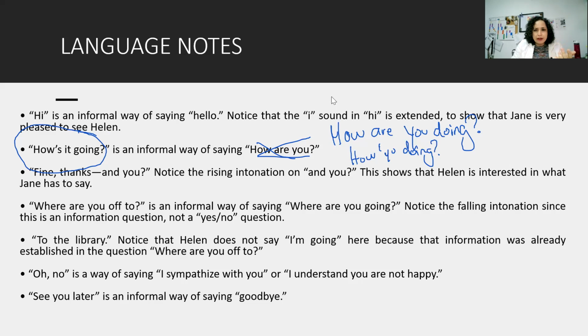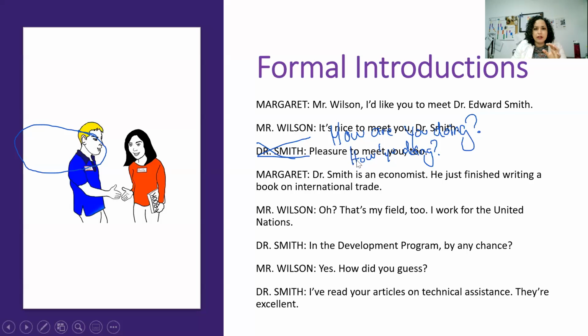In between young people like you guys, like you guys that are in your 20s, this is the way to go. How you doing? Or how's it going? How you doing? How's it going? You need to learn these things. This is the most useful part that you can use.